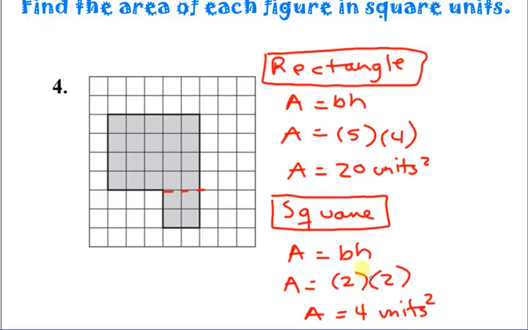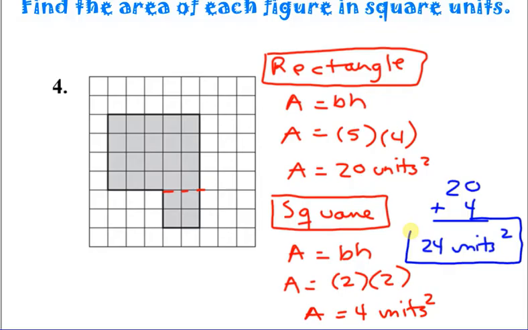But I'm not done yet. I have to add them both together because it's a compound figure. So 20 from the rectangle plus 4 from the square is going to be 24 units squared. And that is your final answer. Okay?